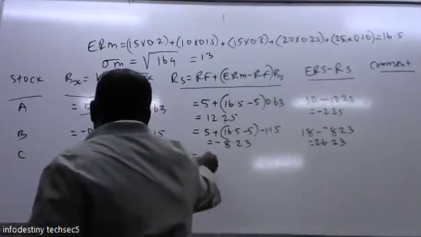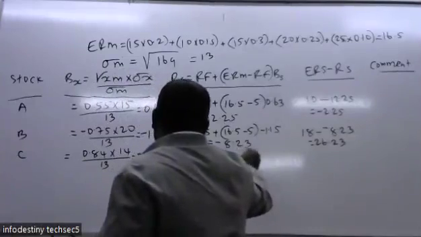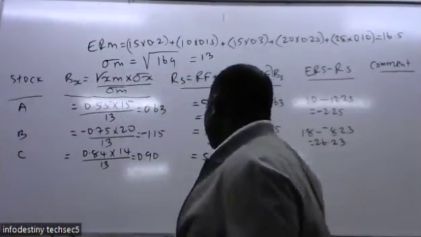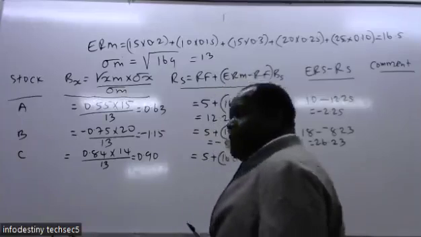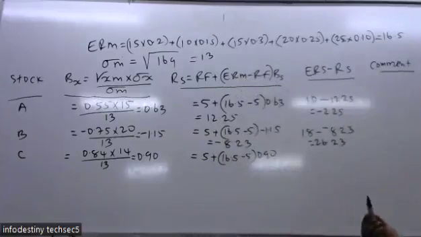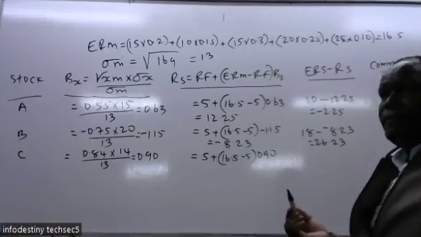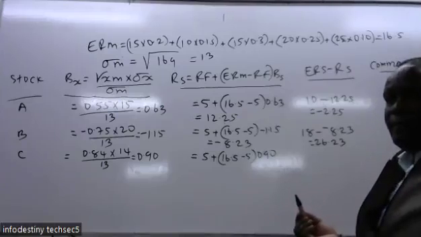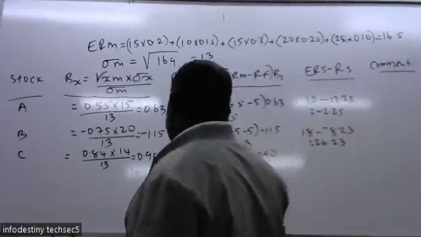Then in this area it is 5, then 16.5 minus 5, then you multiply by 0.90. That gives 15.35.